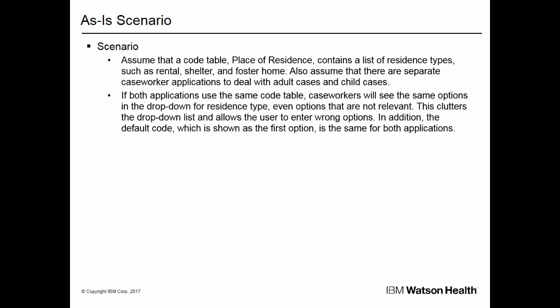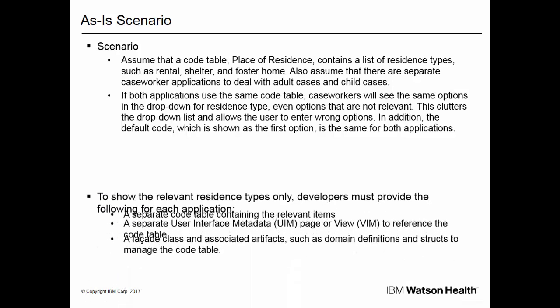However, some options, such as foster home, are not relevant for adult cases, and others, such as shelter, are not relevant for child cases. Including options that are not relevant clutters the drop-down list and allows the user to enter wrong options. In addition, the default code, which is shown as the first option, is the same for both applications.